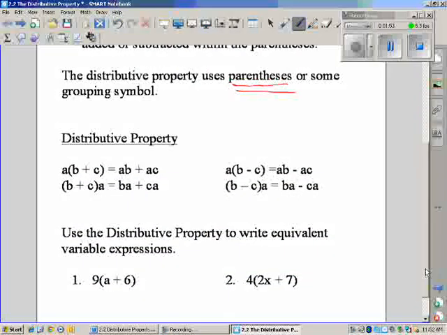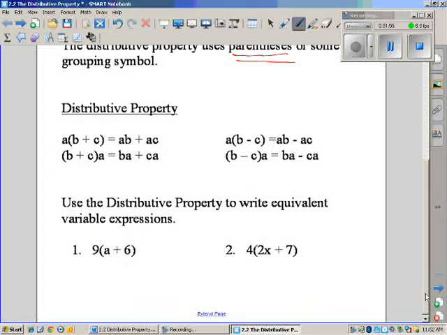These first four examples are actually just illustrating the distributive property. It is a formal property in math, and it's written with variables. So what it's saying is that if you have three different variables, A, B, and C, and you distribute what's on the outside of the parentheses, multiplying A times B, you get AB.